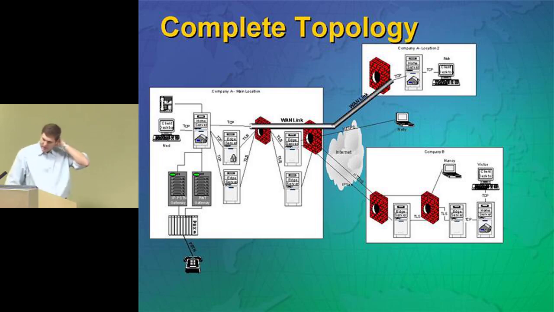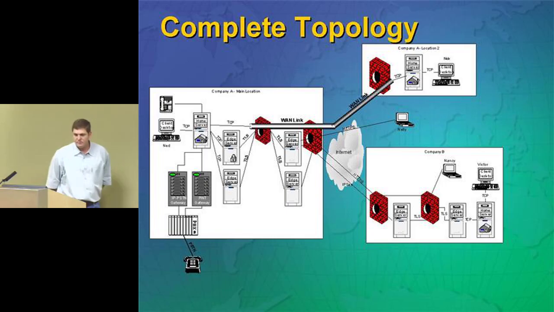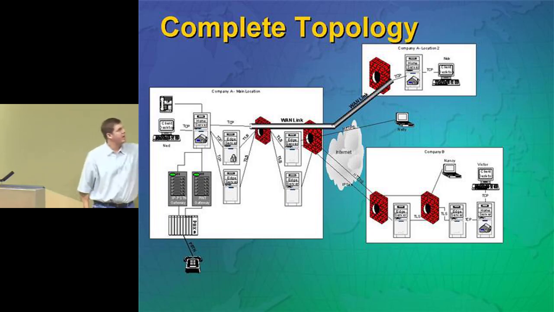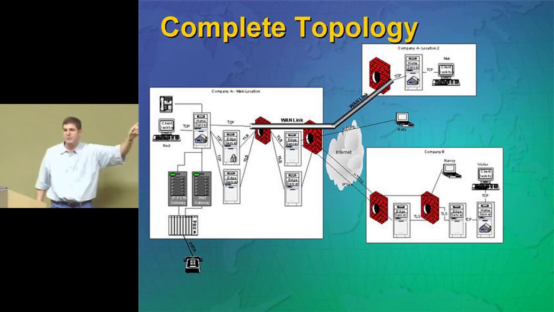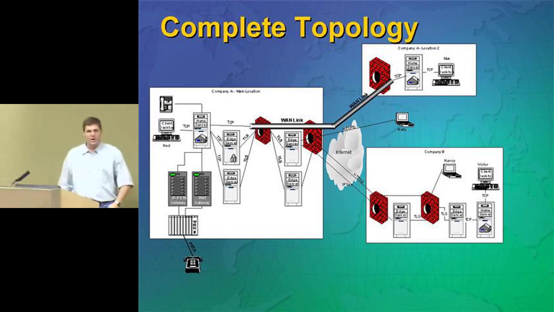spam attack is something that we've contemplated in this. So I said I would have a topology diagram, and here it is. There are a bunch of different components on here. It's hard to see probably for you, but I've got company A here, location 1, the big box. The little box on the top is company A, location 2. So that's just a remote office, a branch office, and we've got some firewalls there.